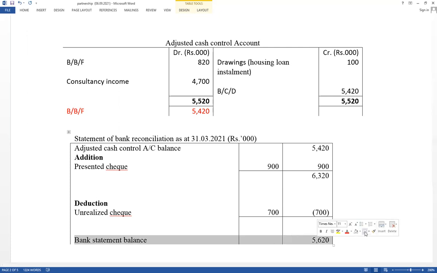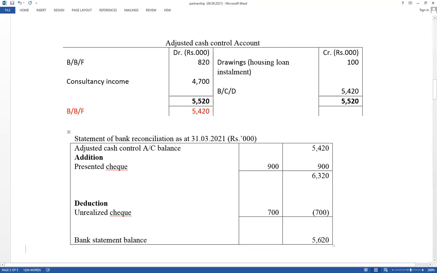Very important: the bank statement balance should not be recorded in the financial statement. The adjusted cash control balance should be included under current assets as cash. That is the important thing. Sometimes it is given in a company sum, sometimes in a sole proprietorship sum.